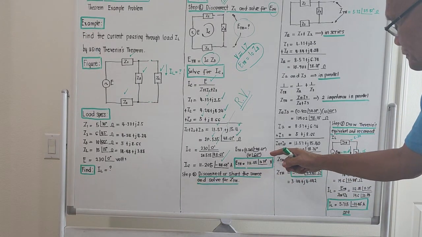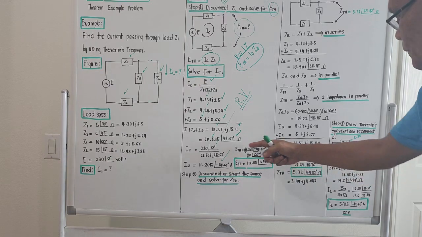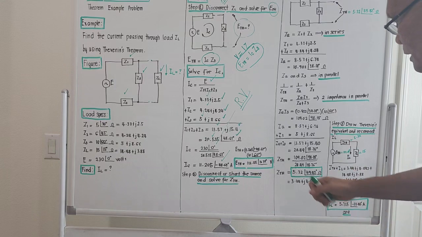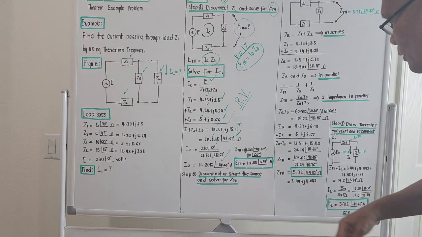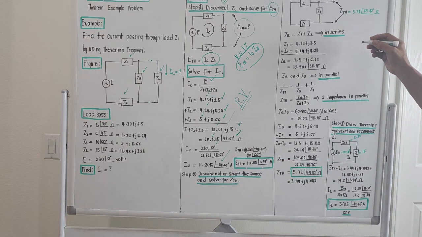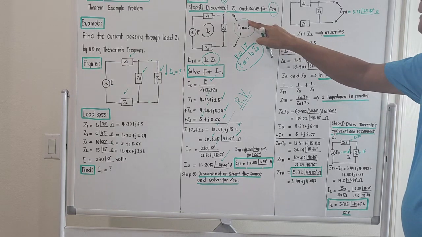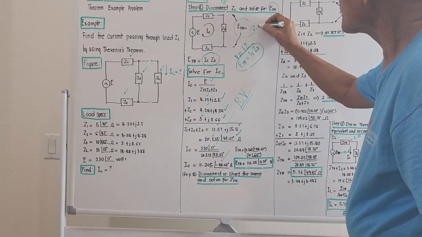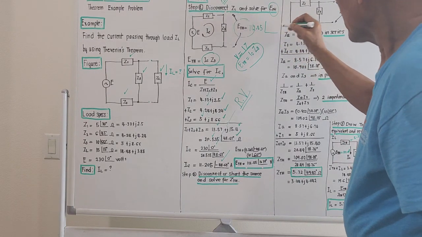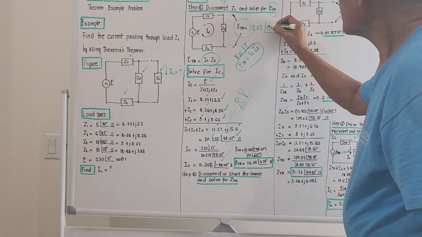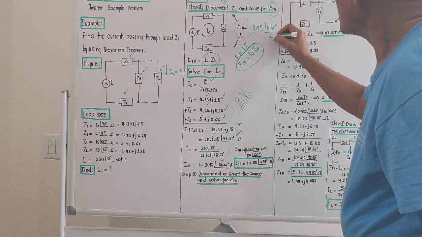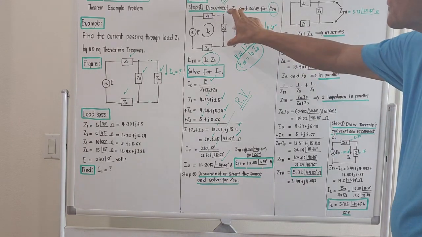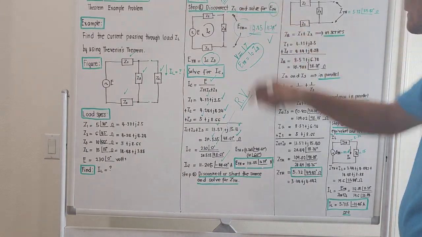Okay, the operation is multiplication, right? So we are adding the angles. The resulting angle will be 11.39 degrees. So the magnitude of the open circuit voltage is actually 112.05 angle 11.39 degrees volts. It is 112 volts, the voltage across this, after the disconnection of the load.